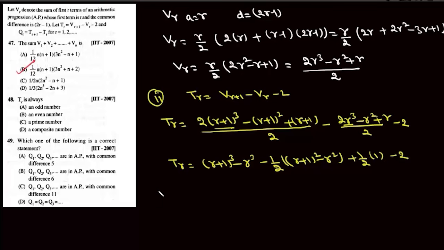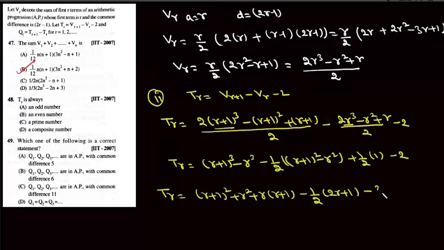Now this is a cube minus b cube, so it will be (a minus b)(a square plus b square plus ab). So it will be (R plus 1) square plus R square plus R(R plus 1). Here again it will be (a plus b)(a minus b). So it will be 1 by 2 (2R plus 1), and it will be minus 3 by 2.